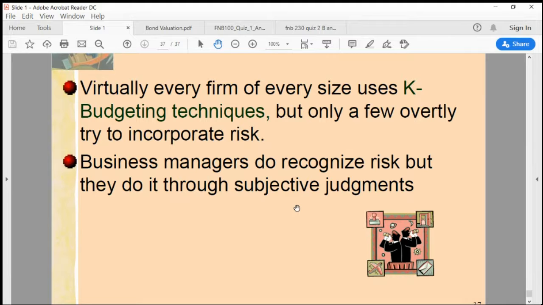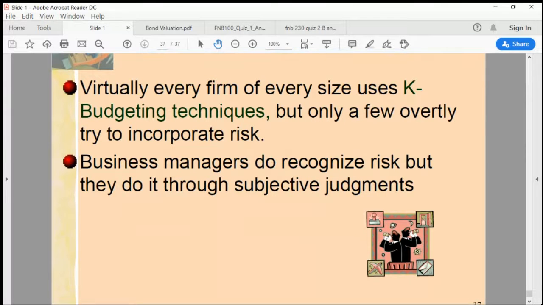So that's why we've been talking about incorporating real options in capital budgeting, and making risk adjustments using risk-adjusted cost of capital, to improve our capital budgeting techniques.